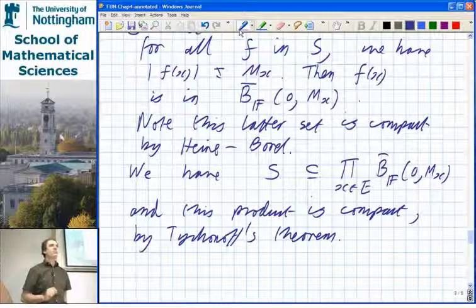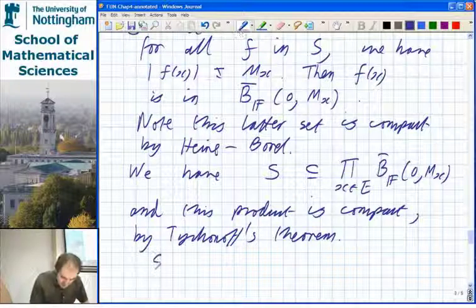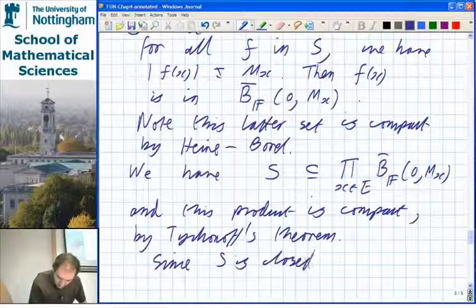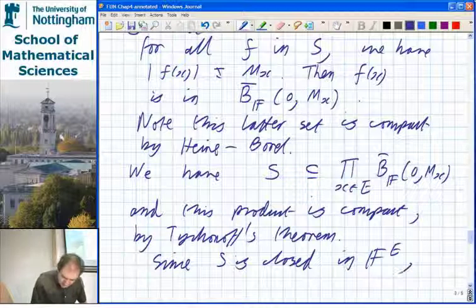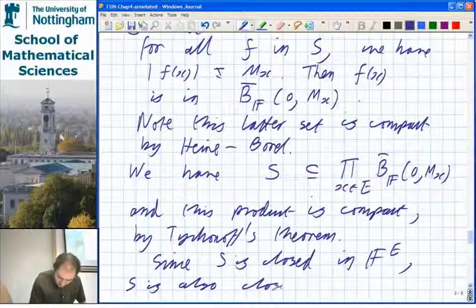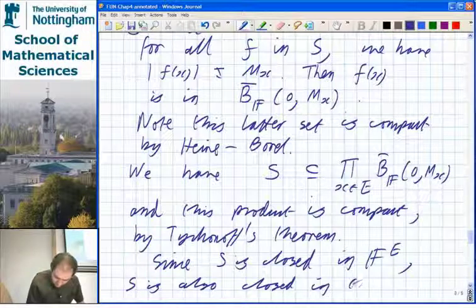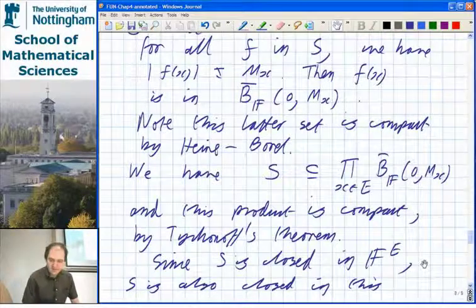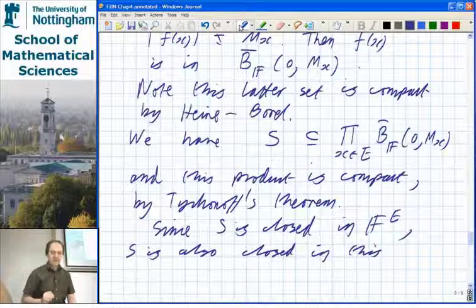So finally, S is closed in the whole product. That also means it's closed in here as well. So since S is closed in F to the E, S is also closed in this smaller product. That works in complete generality.